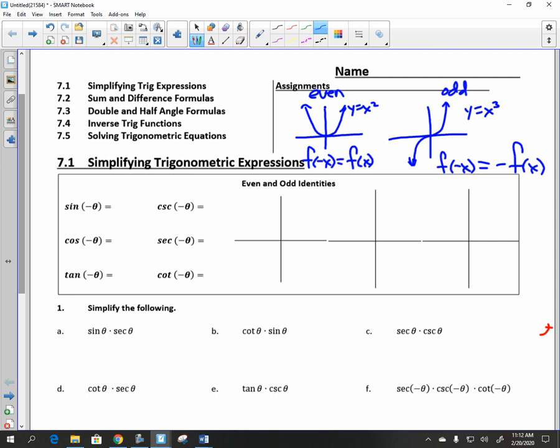So we can see how that works with these even and odd exponents, but what about our sine, cosine, and tangent functions? So I'm going to draw a sine function here. That's sine of x. I'm going to draw the cosine function. And I'm going to draw the tangent function.